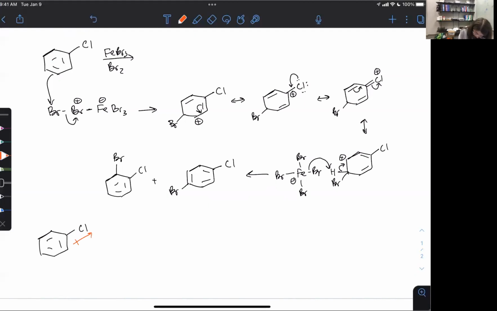So that's essentially inductively withdrawing electrons, okay? Anytime that it's induction, where it's just relying solely on the electronegativity of the atom, it's going to be weaker than if it was a resonance-based effect, okay?